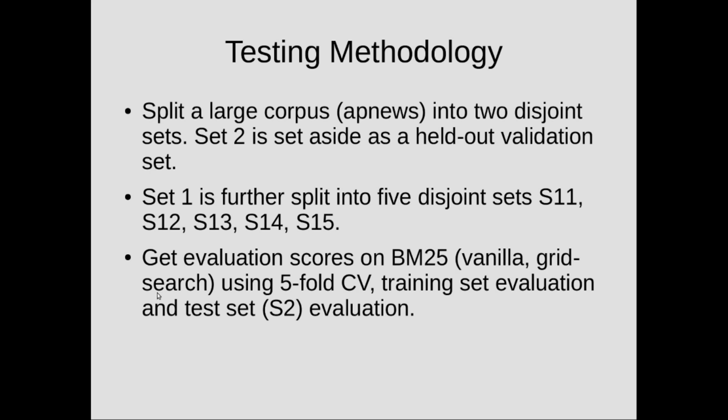So the grid search BM25 simply does a grid search on its training set and uses the training set evaluation to try to see if we can make the BM25 evaluation score as high as possible. After it does that, you will find the parameters that give its maximum score. And then when we're doing all these evaluations, you will simply use those parameters to plug into the model itself before the evaluation.